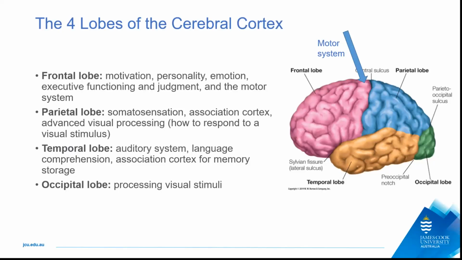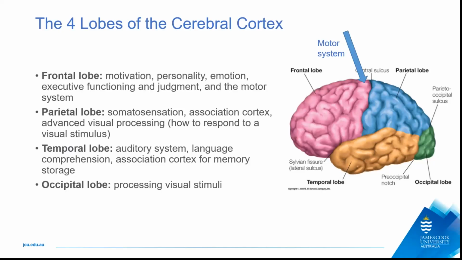So the parietal lobe next, posterior to it, involving what we call somatosensation. Basically feeling all the inputs, like when we touch a hot object with our fingers, we're feeling something. Association cortex is when it's sending out and receiving a lot of axonal signals to the other lobes.